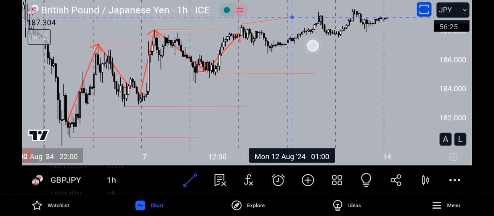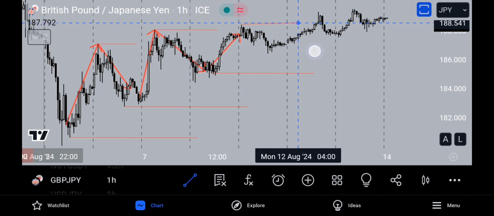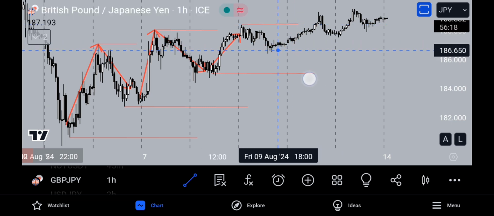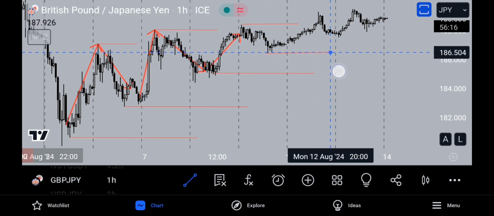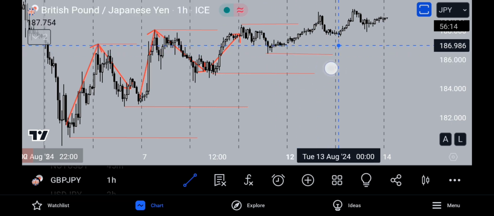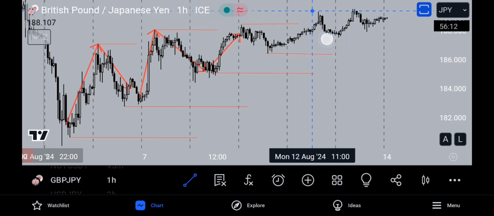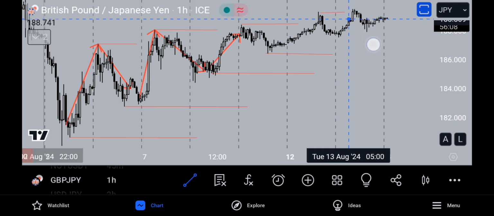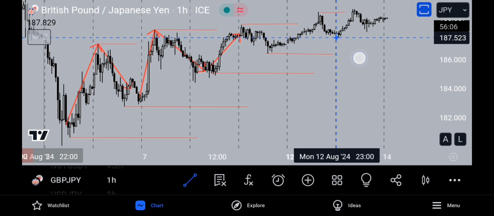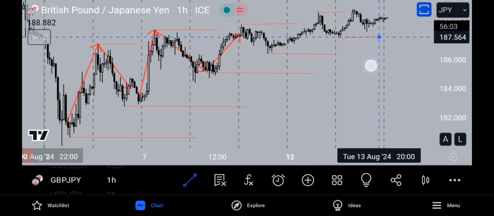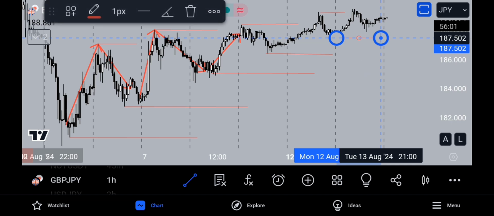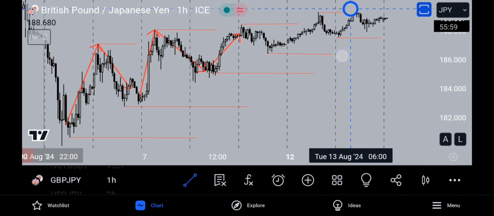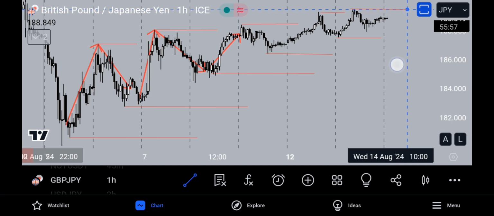Attacking the swing high up here, respecting the previous swing low down here. Then we attack what, the previous swing high, respecting the previous swing low. So that means what is coming next up here, we are potentially going to attack the previous swing high.